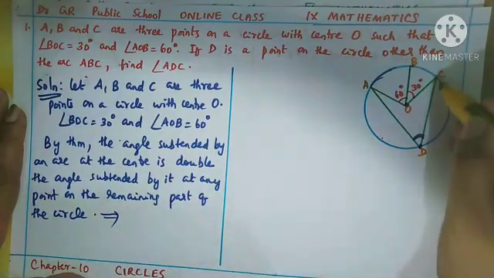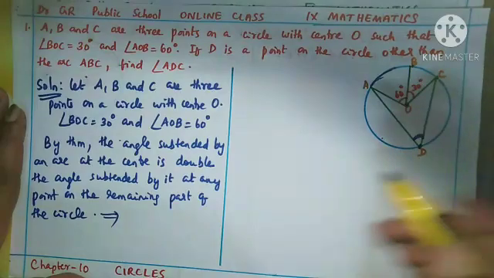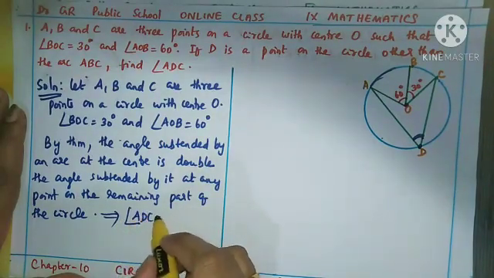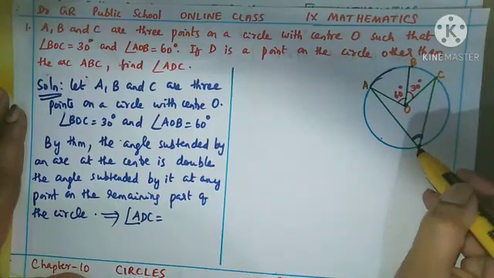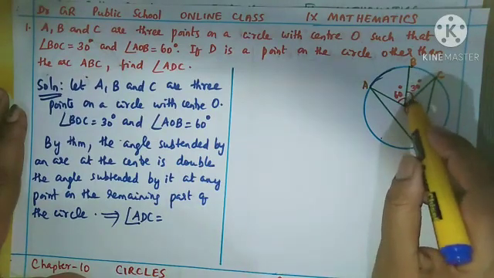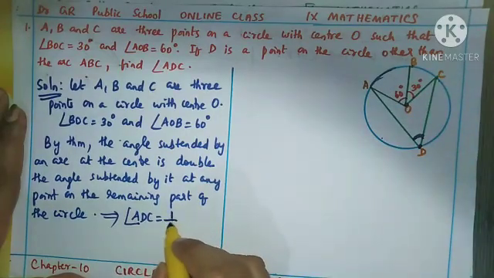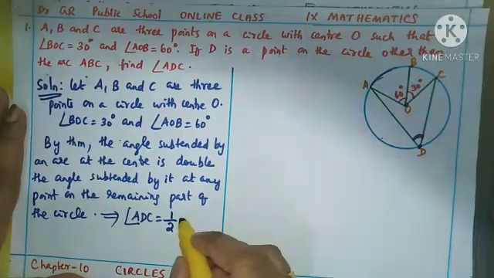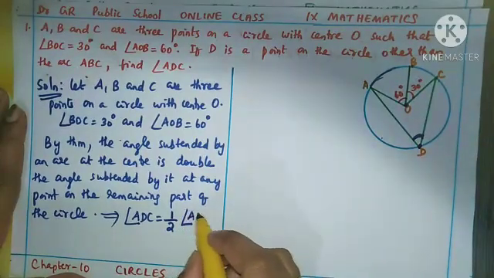At any point of the circle, what angle is formed? Angle ADC. So this angle will be what? Half of this center angle. That is half of angle, what is the center angle? Angle AOC.